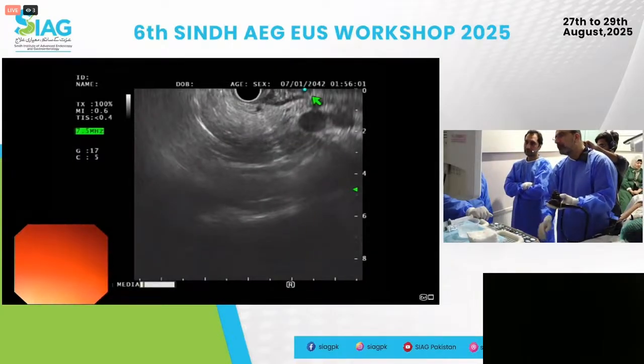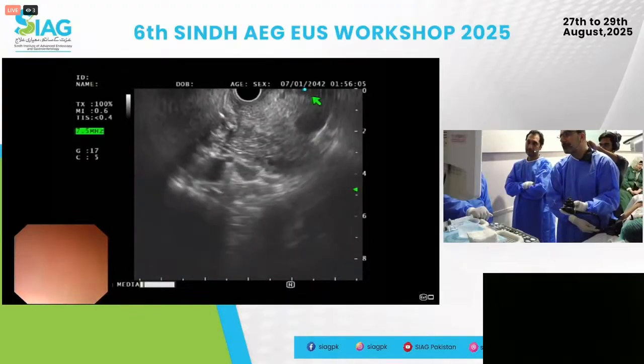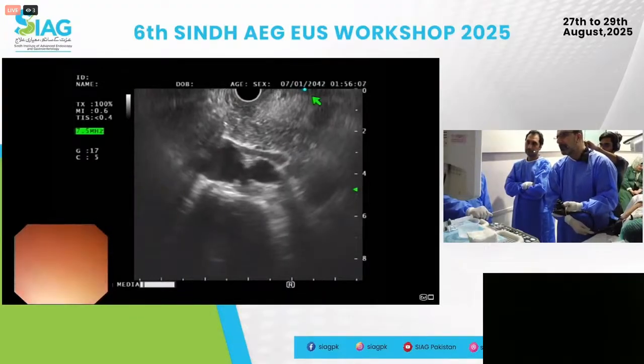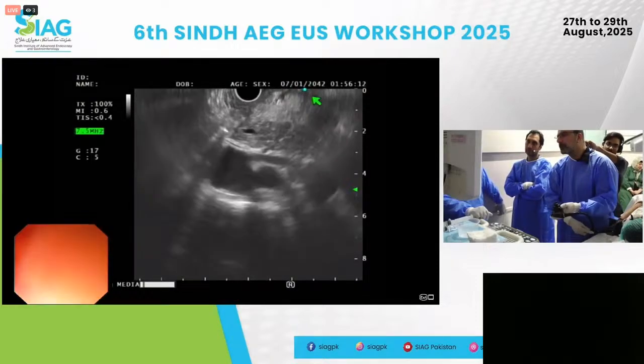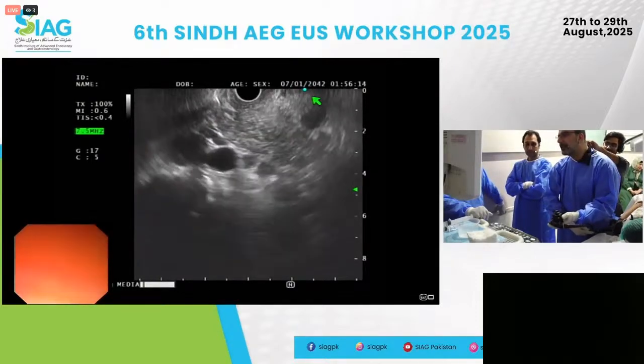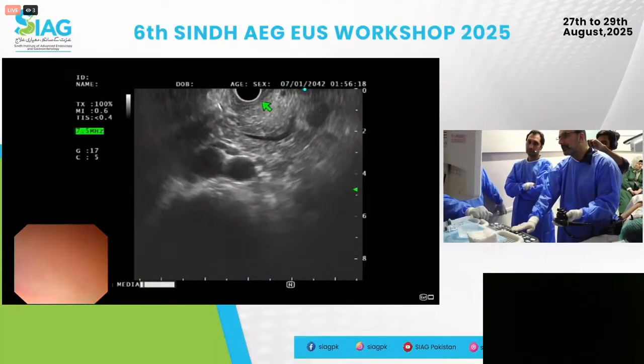The maneuver to look for divisum is if you are looking at the bile duct here from the second portion, you just go 90 degrees clockwise, and you would see the duct from the dorsal going into the duodenal wall.